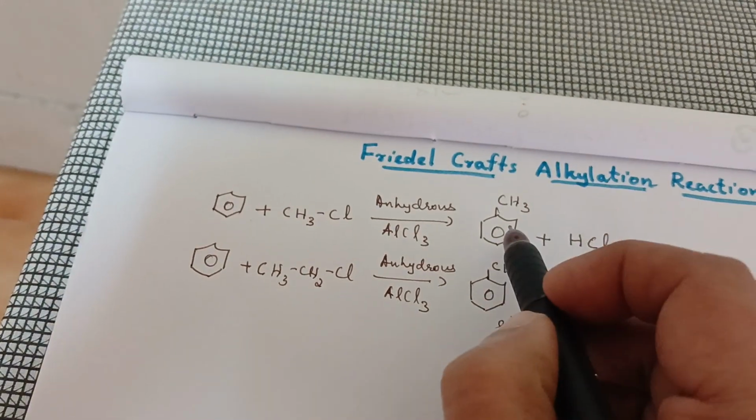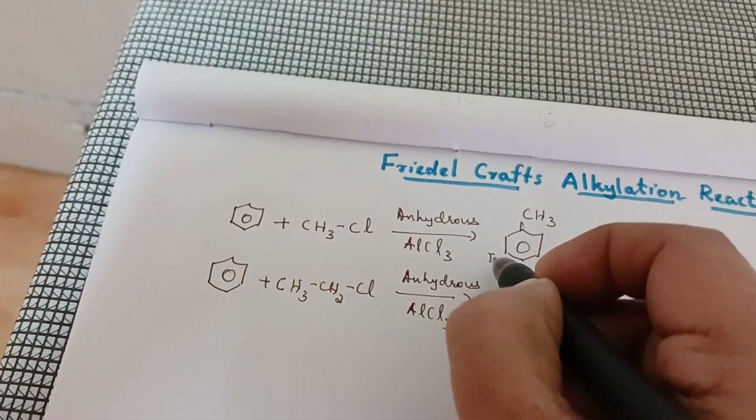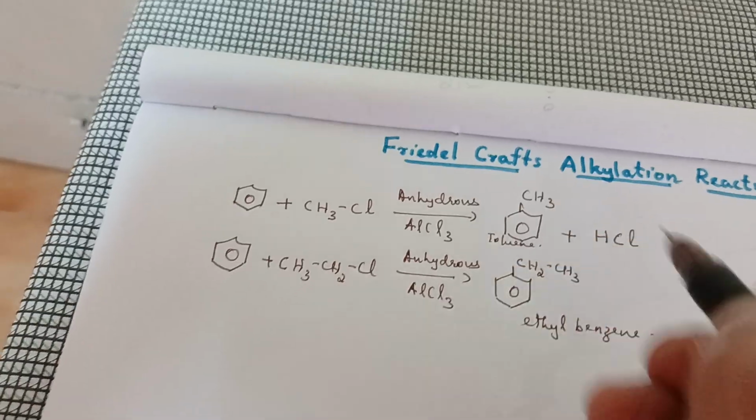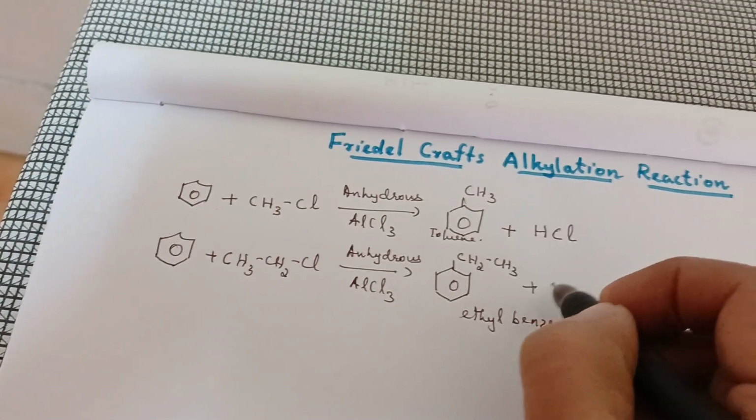The first one was methyl benzene, or you call it toluene, and the byproduct is HCl.